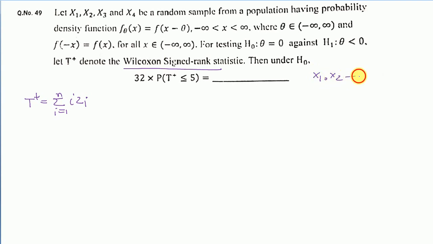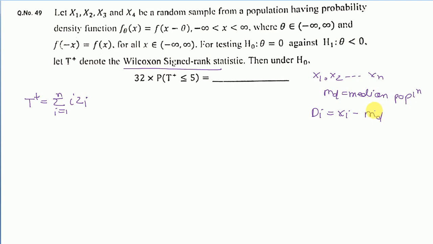So for a short review, see, we have x1, x2, xn, a sample of observations, and Md equals the population median for this particular random sample. If we derive Di equals Xi minus median, this is our new random variable, generated by subtracting the median from each of these Xi.